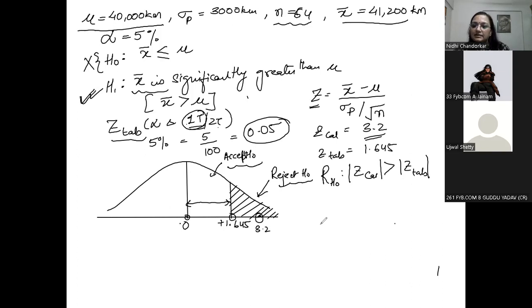The interpretation is written like: as the calculated value 3.2 is higher than the table value of Z, that is 1.645, hence we reject the null hypothesis. The conclusion is, therefore, the life of the new tire, that is 41,200, is significantly higher than the general average, that is the population mean of 40,000 kilometers. So that is the conclusion which we draw from this.